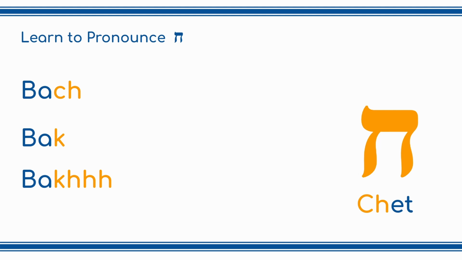So try and remember the part over here where it's like the K and then the flow of air coming out after you say the K. So you say Bach and then Bach. You can kind of hear the K and then the flow of air coming. So try and practice that, and then you can get the sound Chet.